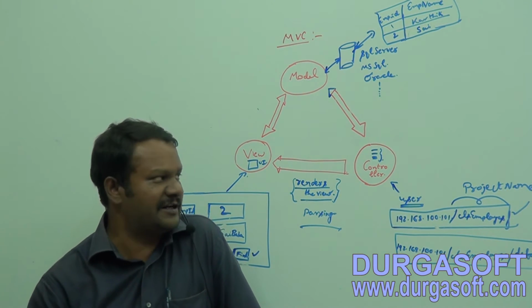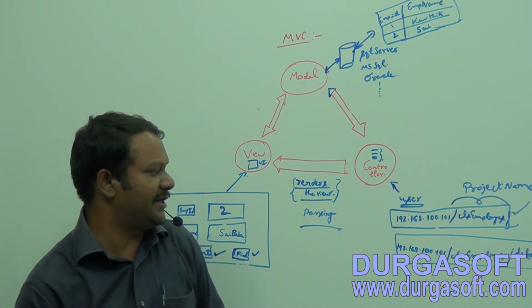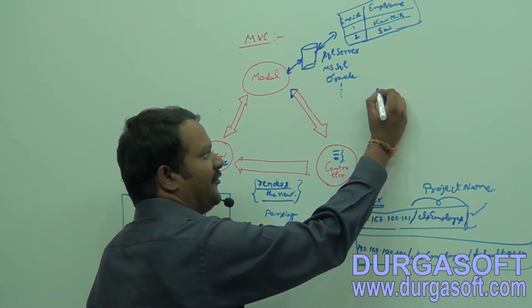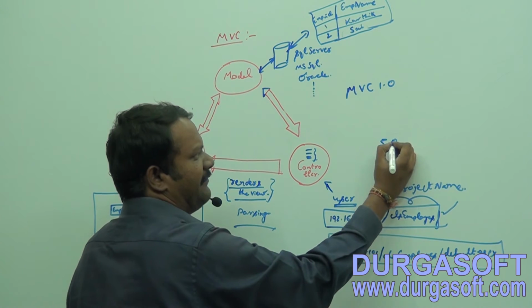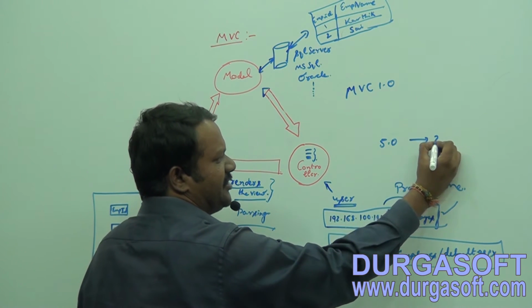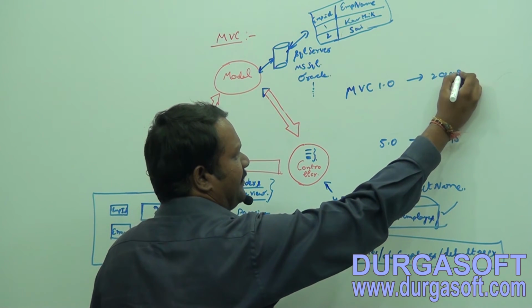And we have seen several versions of MVC. What were those versions? MVC 1.0 to 5.0 we are having. The latest version is 5.0, introduced in the year 2015. MVC 1.0 was introduced in the year 2009.